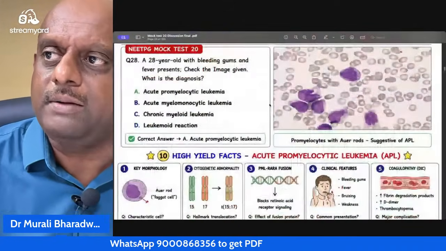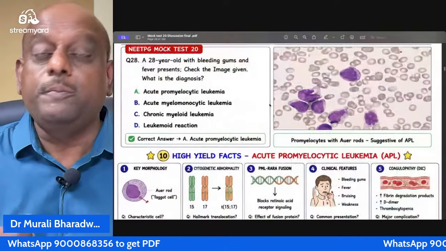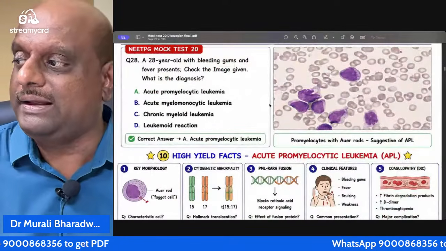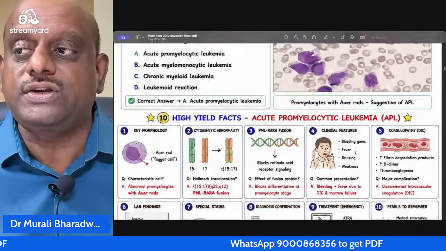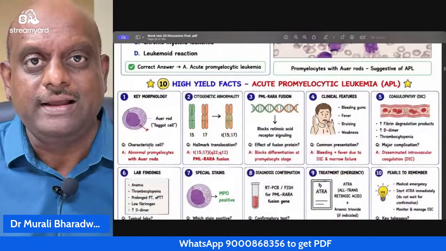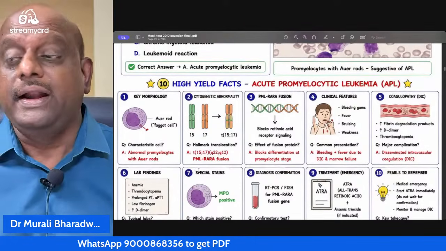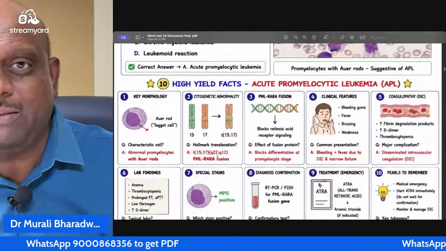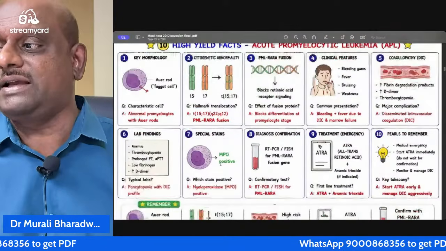A 28-year-old with bleeding gums and fever: acute promyelocytic leukemia, where Auer rods are a very characteristic feature, otherwise called faggot cells, abnormal promyelocytes with Auer rods. It is t(15;17) PML-RARA fusion, which is very classical.